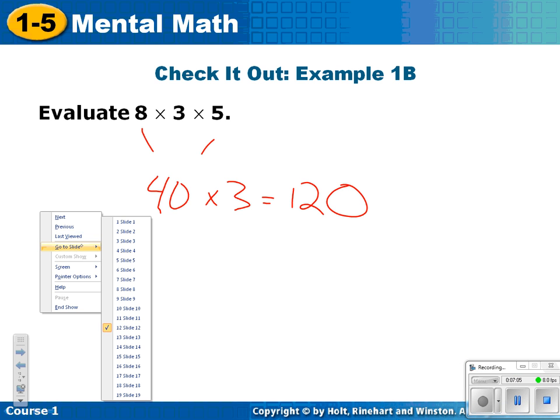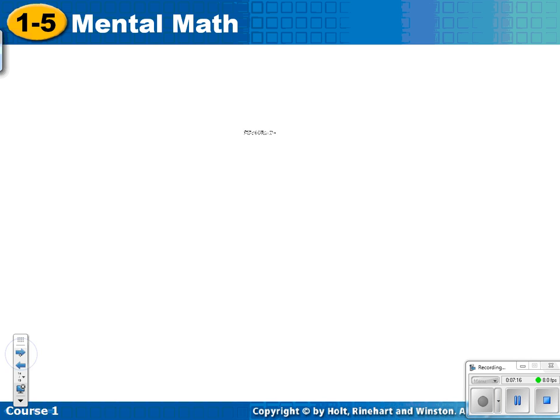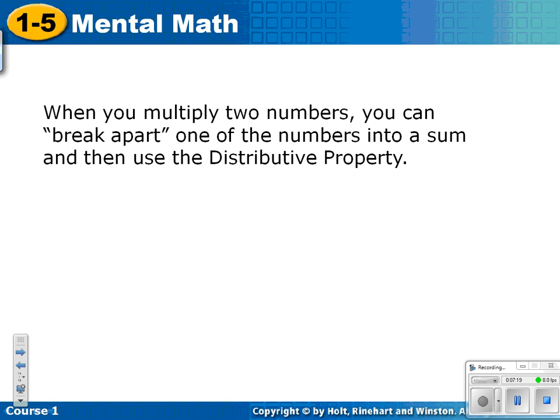Now, the other property we're going to work with is called the distributive property. Instead of explaining all of this, it's going to be a lot easier for me just to show you. Basically, we're going to break apart numbers.